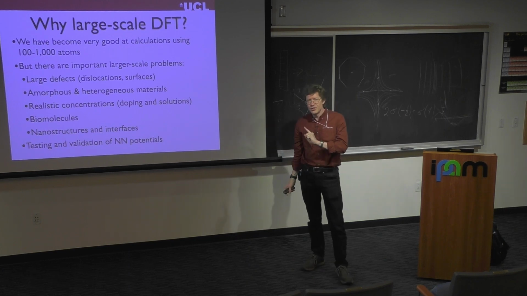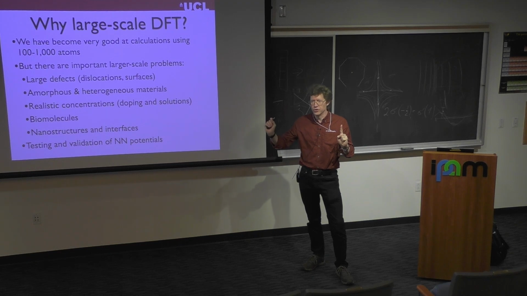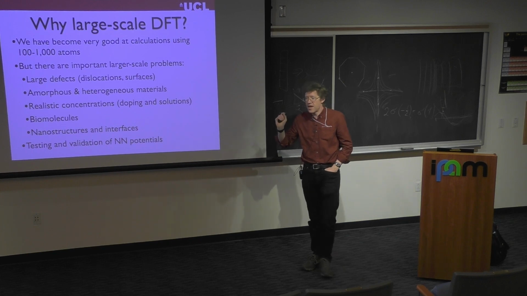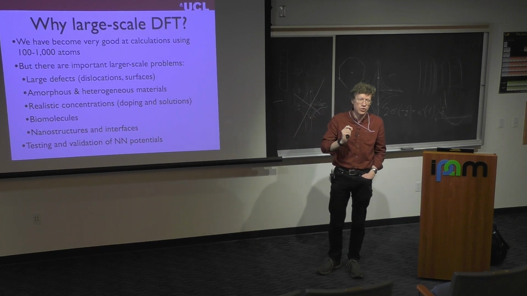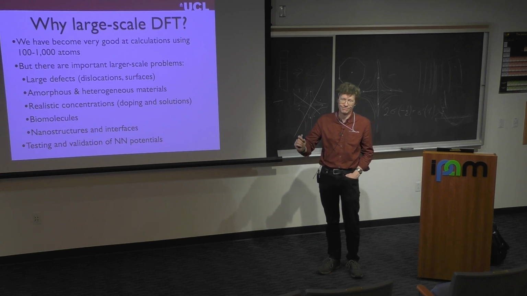But 10^19 dopants per cubic centimeter is one dopant per 50,000 silicon atoms. So I think we could say that every single DFT calculation of a doped semiconductor that has ever been done is categorically wrong.